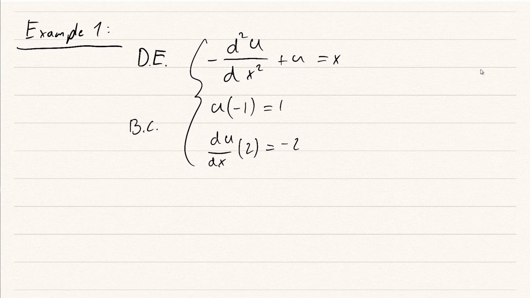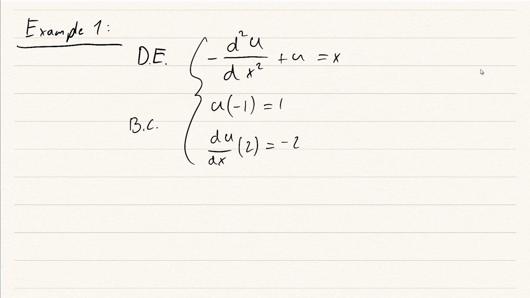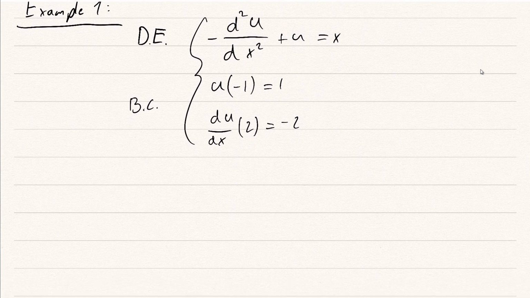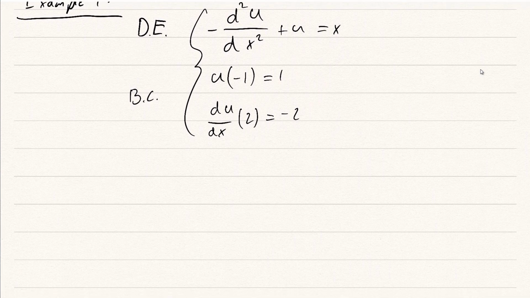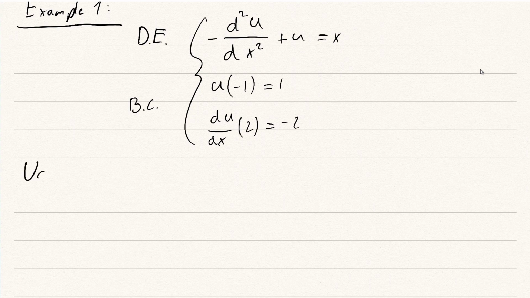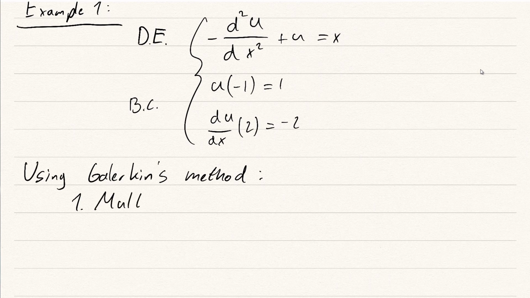Okay, so let's look at the recipe. Using Galerkin's method, the solution method is: one, multiply the differential equation by v, and two, integrate by parts.